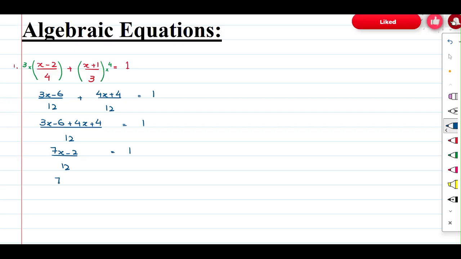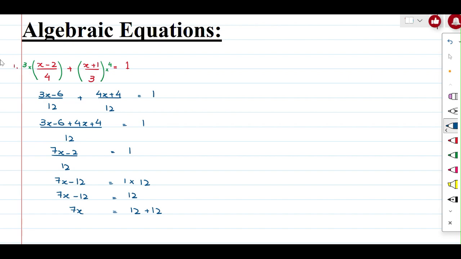Okay, now we have to cross multiply. 7x minus 2 equals, 12 is going to be multiplied by 1, cross multiplied, right? Okay, now we have 7x minus 12 equals 1 times 12 is 12, and you have 7x equals 12. We are shifting this minus 12 to the other side, it becomes plus 12, right?